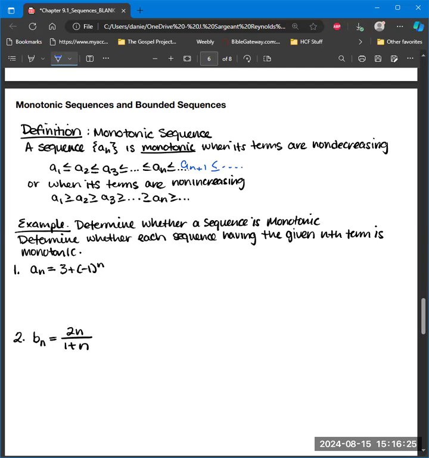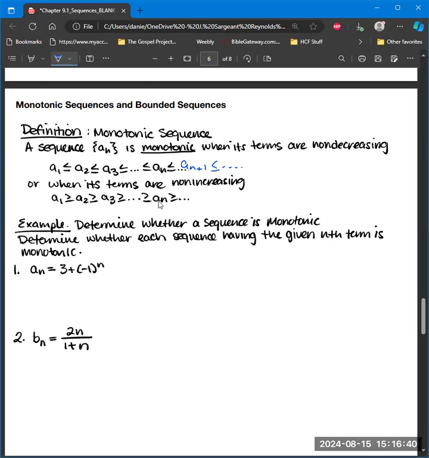It's monotonically non-increasing when a sub 1 is greater than or equal to a sub 2 is greater than or equal to a sub 3 is greater than or equal to a sub n.